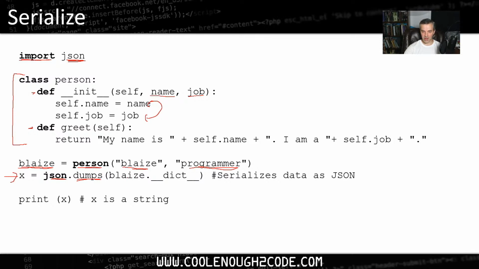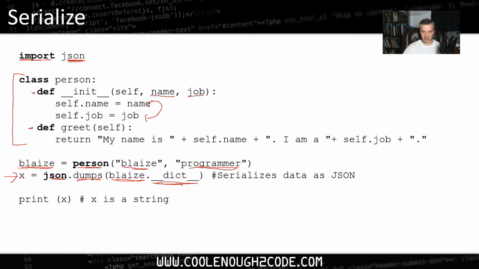In this case, the object is Blaze. Now, dumps itself, though, can't read my object. So what I have to do is use a particular special property on my class, or on my object here, called __dict__. And what this does is basically it takes all the properties on my object, and then it takes those properties and returns them as a dictionary.